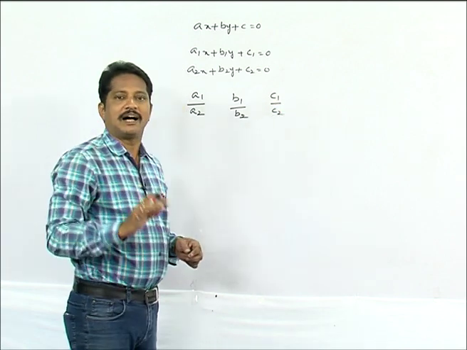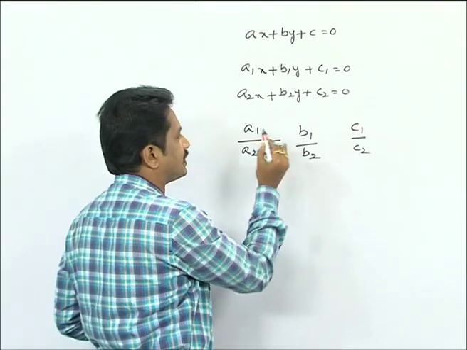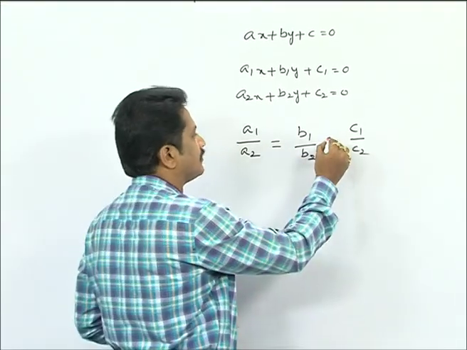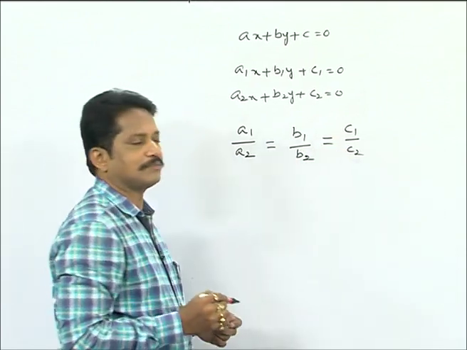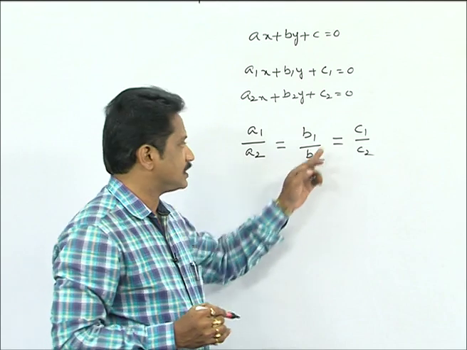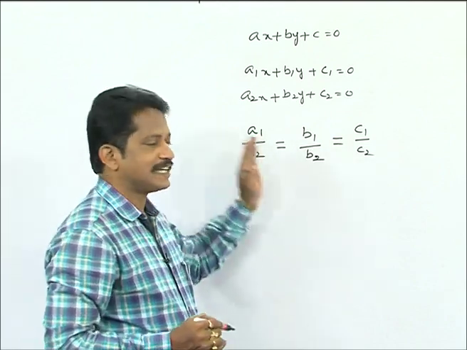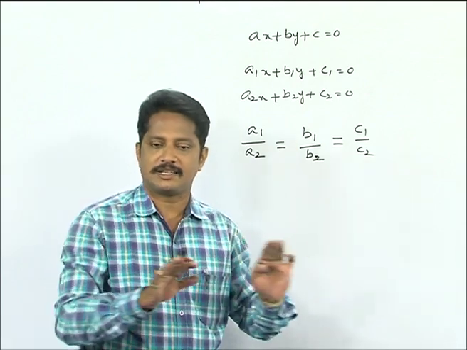I am taking all the possibilities here. The first one is a1 by a2 equal to b1 by b2 equal to c1 by c2, which means the ratios of coefficients of x, y and constants are the same.